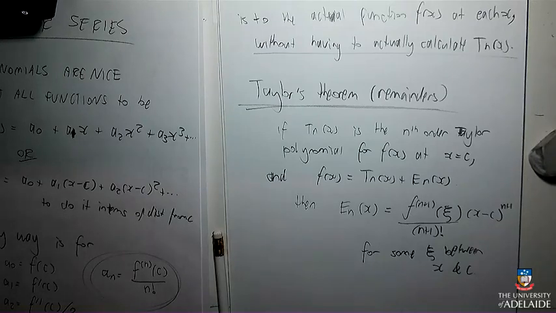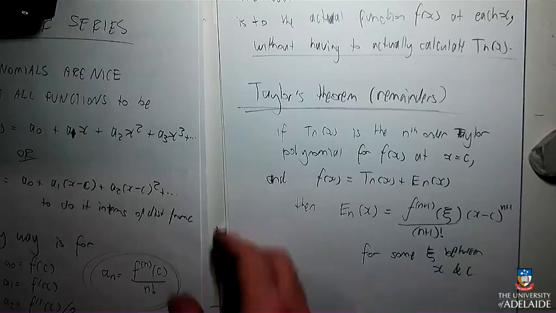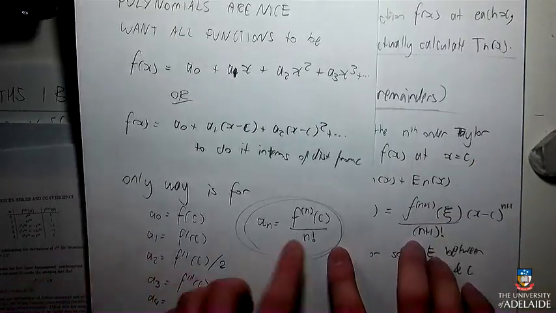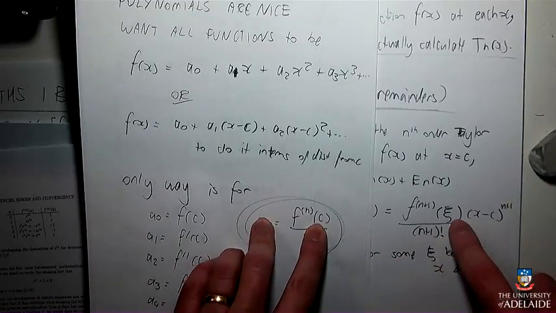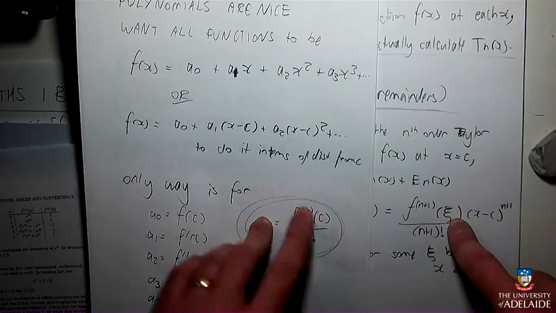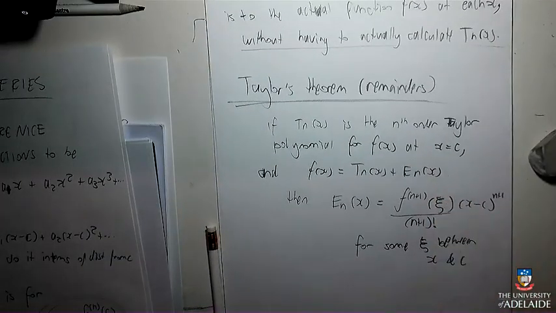Okay. And what Taylor says is that you do the same calculation you would do to get the next term of your Taylor polynomial, because it's exactly the same as this here, except instead of c, you pick some other number. And if you pick the correct number, there will be a number you can pick so that this is the right answer.